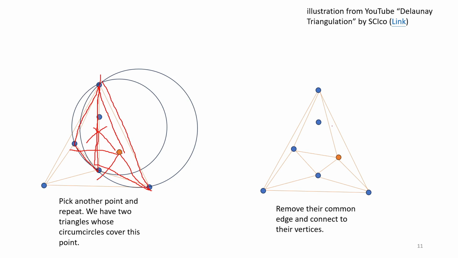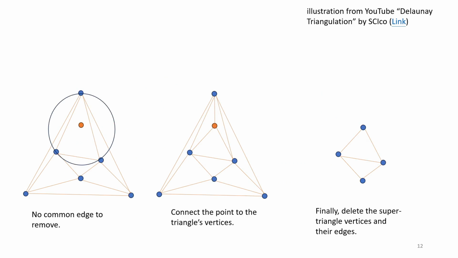Then again, there is 1 vertex remaining. This is the last vertex. Again, we check which triangle's second circle will cover this point, and we found there's only one. It's this triangle. Because it is a single triangle, there is no common shared edge, so we don't need to remove any edge here. We just connect this vertex to the triangle's vertices.